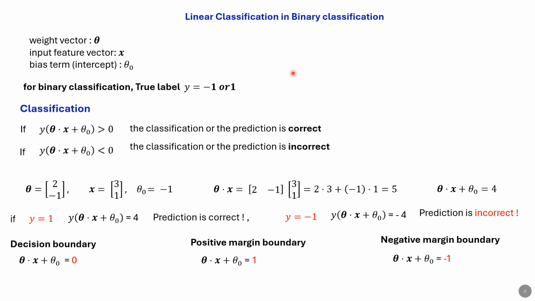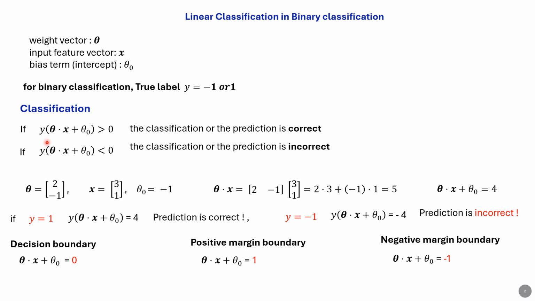A hyperplane is a linear classifier as it defines a linear decision boundary in the feature space. Let's look at the criteria for classification. Here the weight vector is theta, the input feature vector is x, and the bias term or the intercept is theta naught. For binary classification, the true label is -1 or +1.